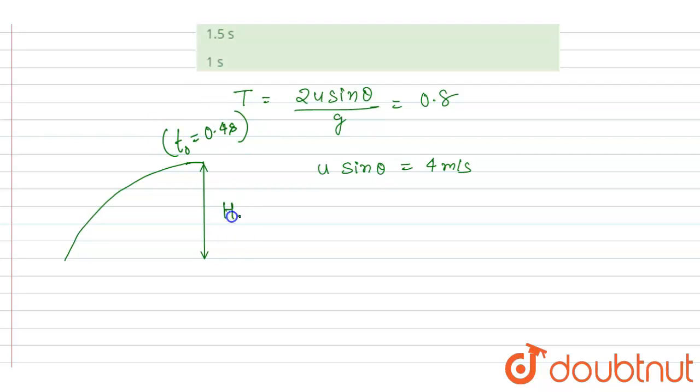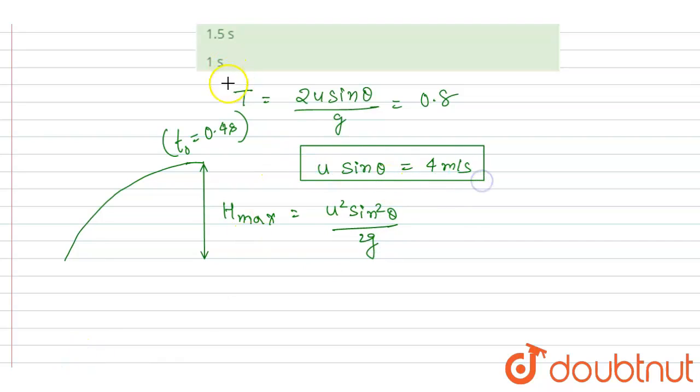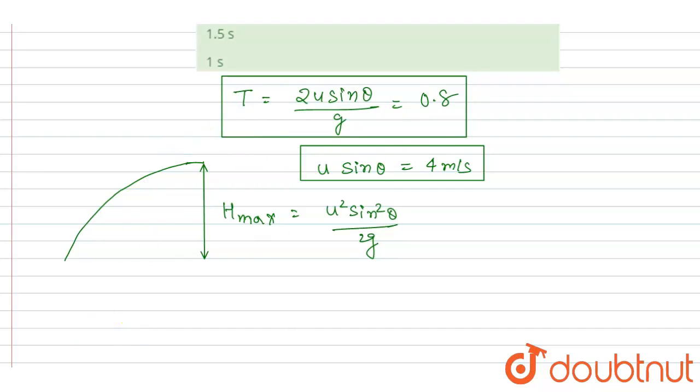You can also calculate the maximum height. We know that it is u squared sin squared theta by 2g. You can put the value of u sin theta from here.